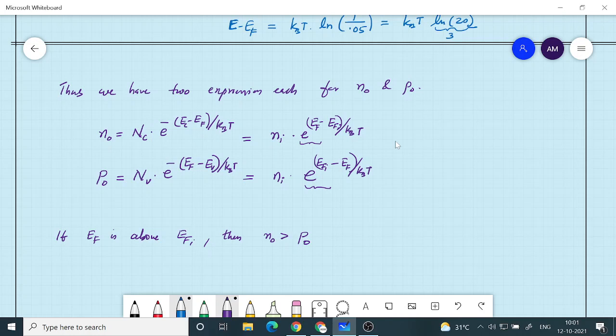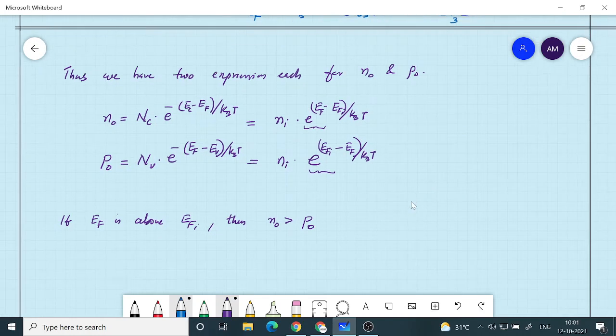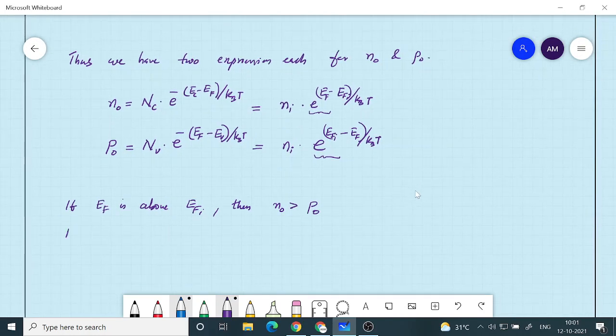So EFI minus EF is going to be negative, so this is a quantity less than 1, and P0 will reduce. Alternatively, if EF is below EFI, then P0 is going to be larger than N0. So the first one is basically the N-type semiconductor.